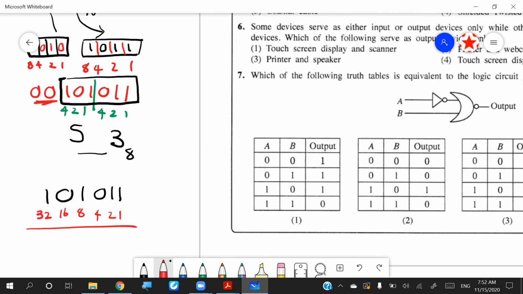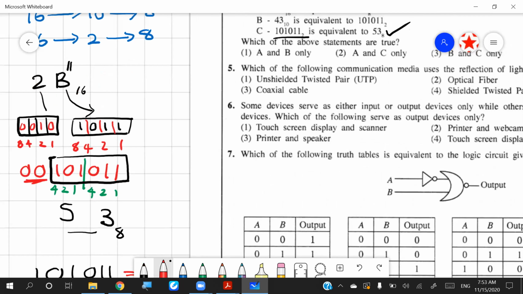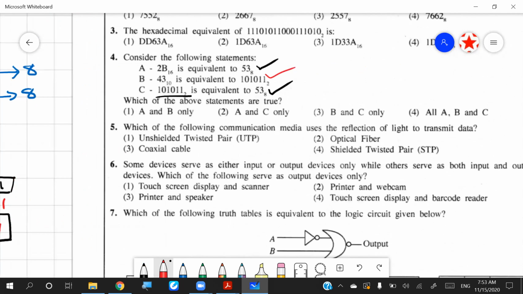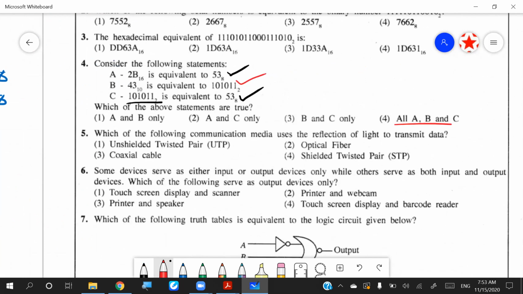So we add the 32, 8 is 40, and this 2 and 1, which is 43. So this equals 43. Everything is correct, so the fourth one is the answer.